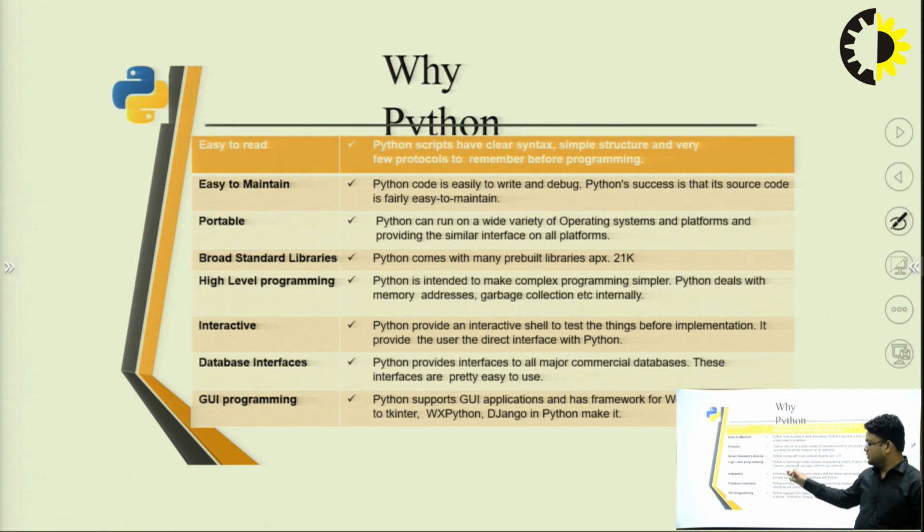This is also known as high level programming. Python is intended to make complex programs simpler. Python deals with memory addresses, garbage collection, etc. internally. High level also means it is very close to humans and very easy for humans to understand. Mostly code is written in terms of the English language, which is very comfortable for us.